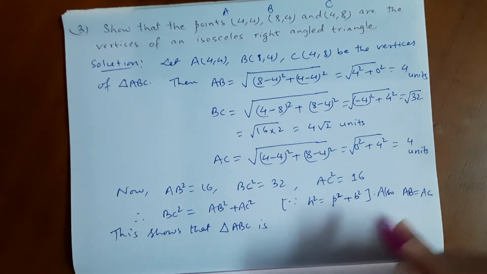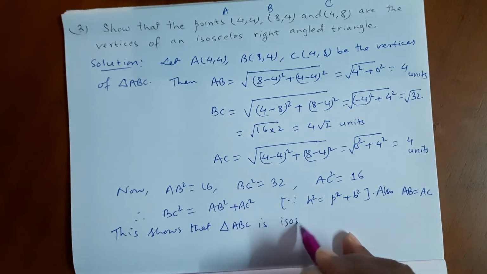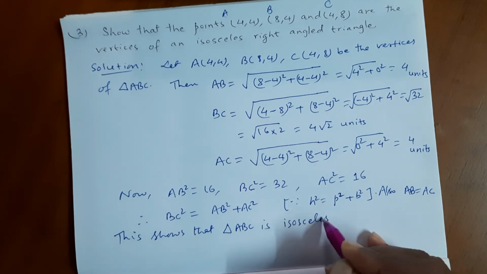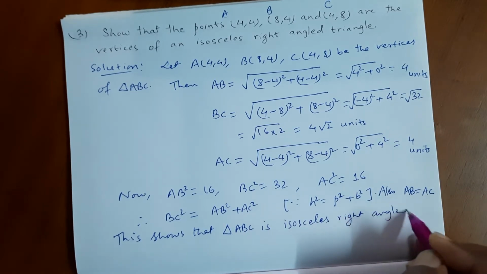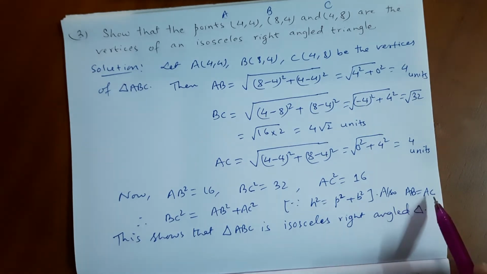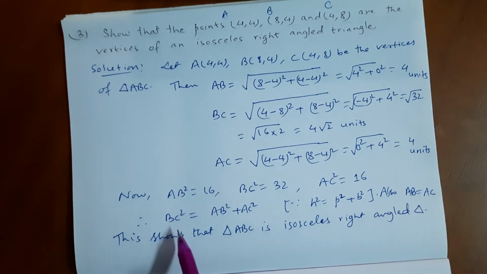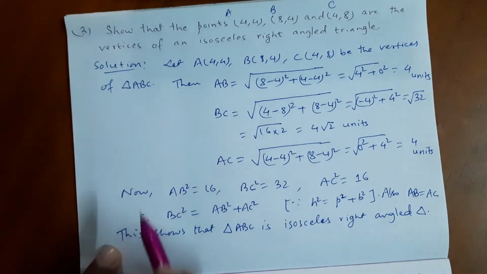Okay, this shows that triangle ABC is an isosceles right angled triangle, because two sides AB and AC are equal, and this Pythagoras theorem is also satisfied. Okay, so this is the isosceles right angle triangle.